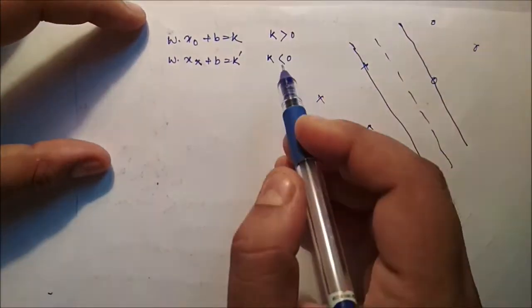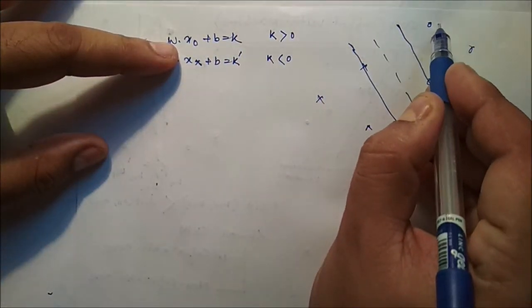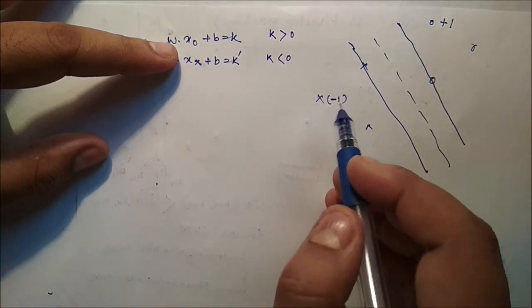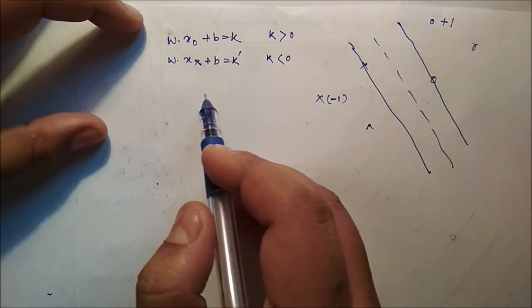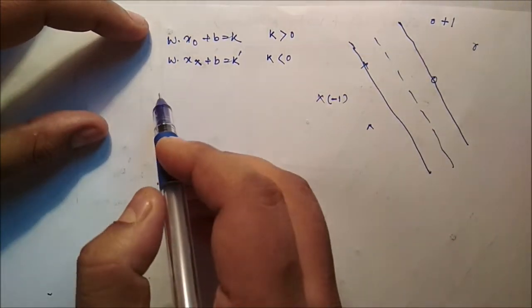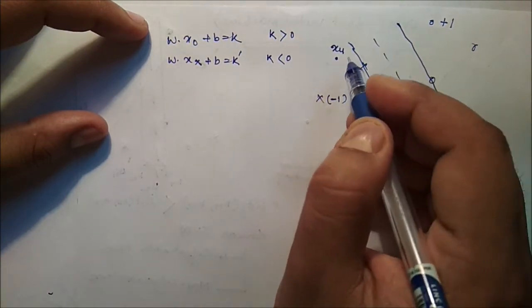Now let 0 be our plus class, and cross be our minus class. Then we can predict the class label y for any unseen data xu. Say this is our unseen data xu, and it's a vector.